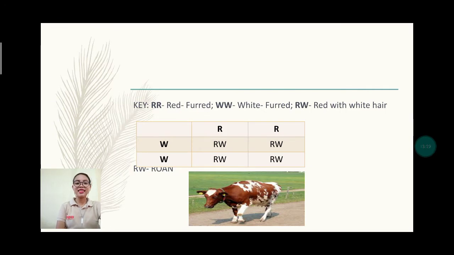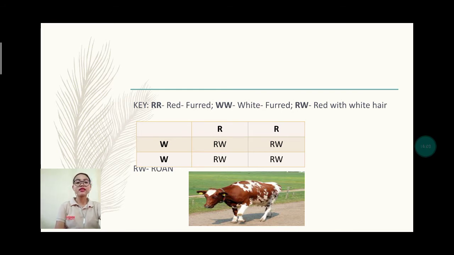Okay, again, using Punnett square, we're going to assign a key for us to solve the problem properly. We're going to use big letter R for red-furred cattle, big W for white-furred cattle, and RW indicates red with white hair, or what we call roan cattle.